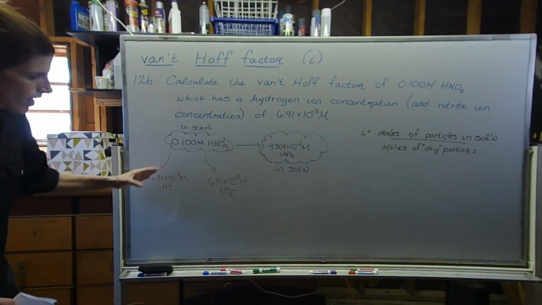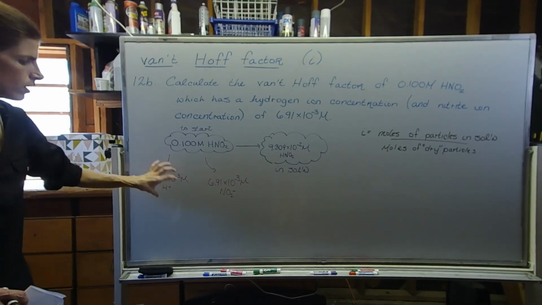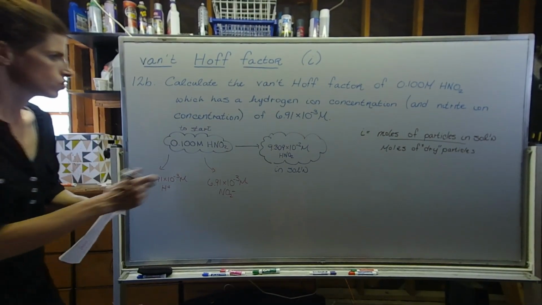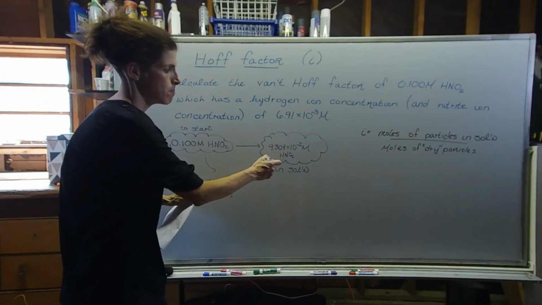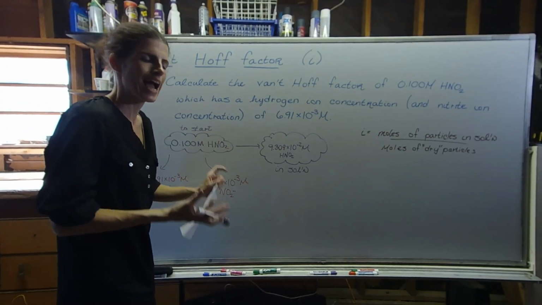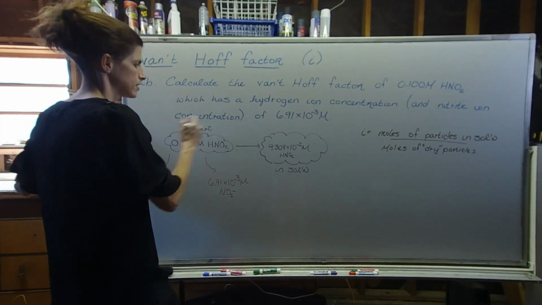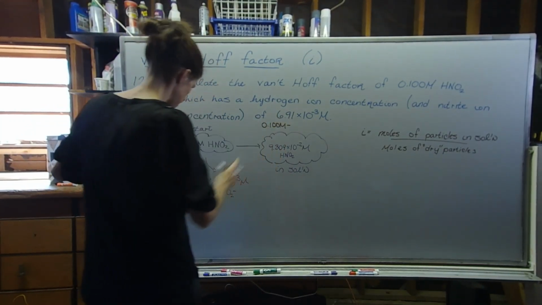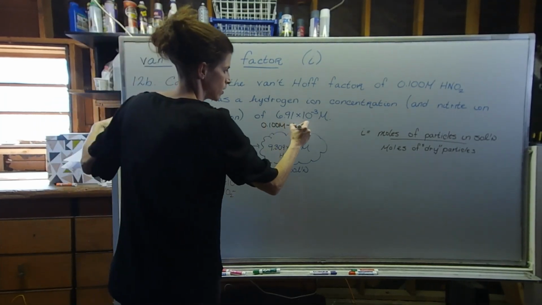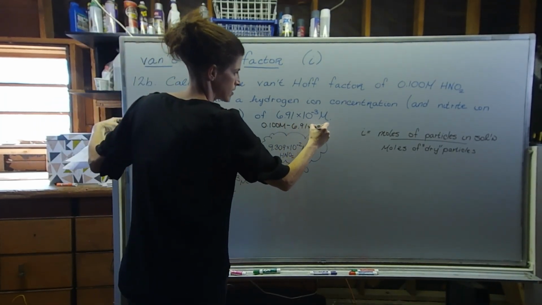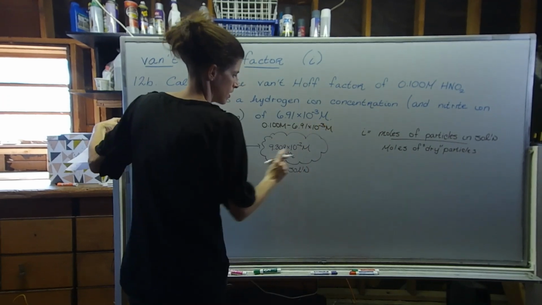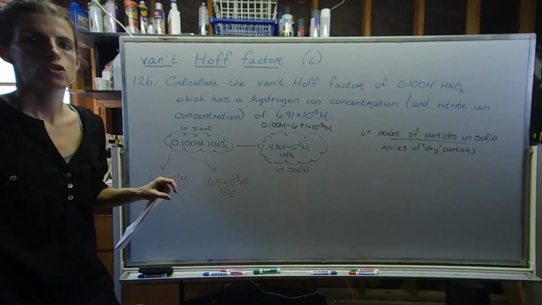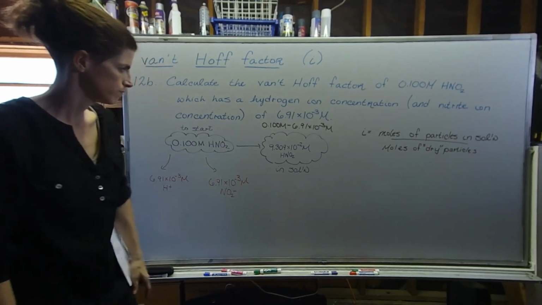It breaks into two things, but we're going to lose this amount from the original. So in order to get the amount of the undissociated acid in solution, I did 0.100 molar minus 6.91 times 10 to the negative third molar. And that gave me this 9.309 times 10 to the negative 2 molar value here.